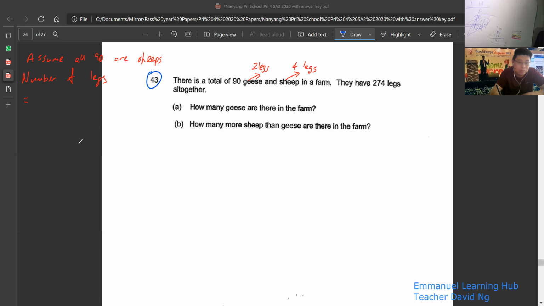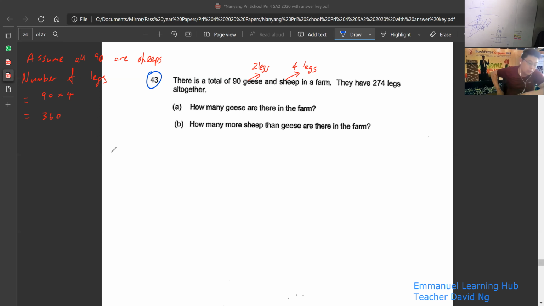You understand what I'm saying? You're assuming all 90 animals are sheep, right? How many legs are there? 90 times 4. 360, yes, because right now 360 legs is because you're assuming all 90 are sheep.